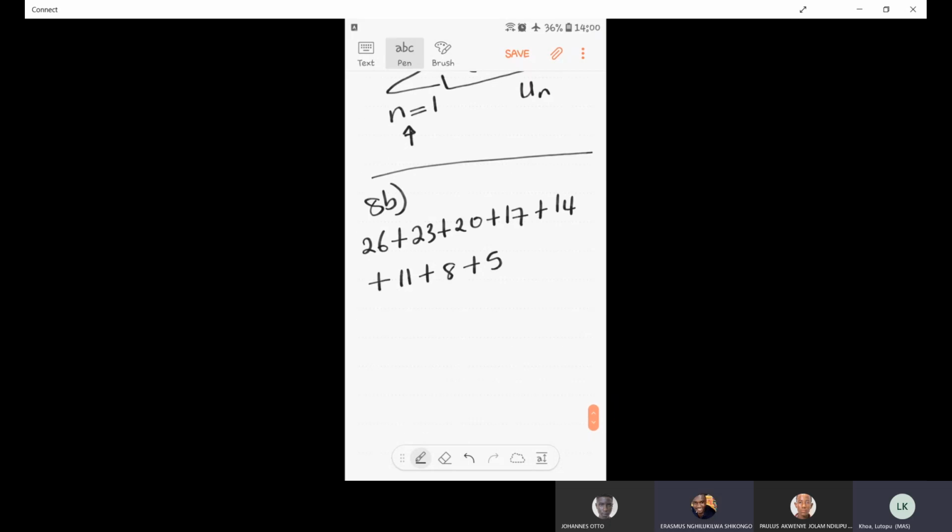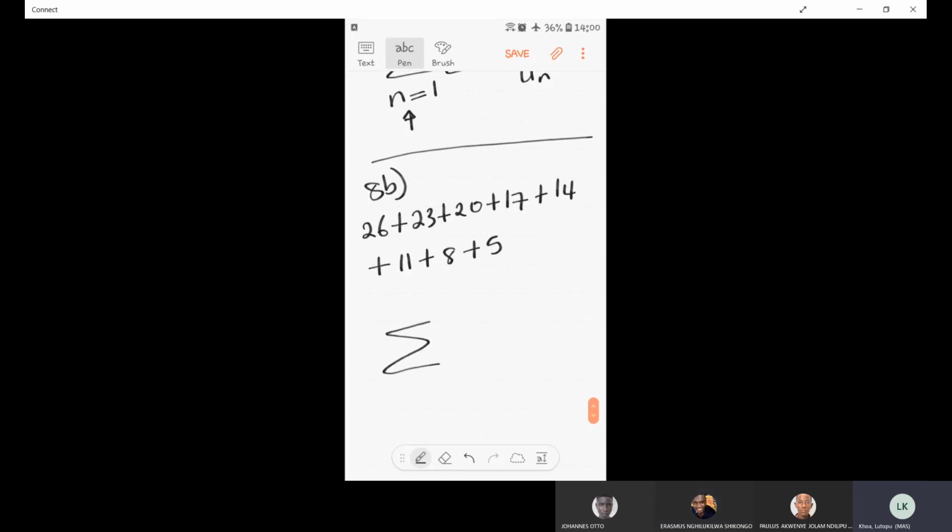So remember again the way we write the sigma notation. This is our start value, which is always going to be 1. And here this is our end point, the number of terms that you have. Here, like I said, the terms are all listed, so I'll just count how many I have. And then here, this is the formula for the nth term.